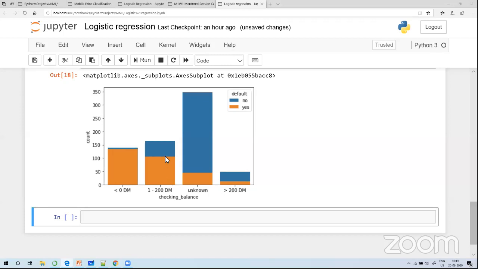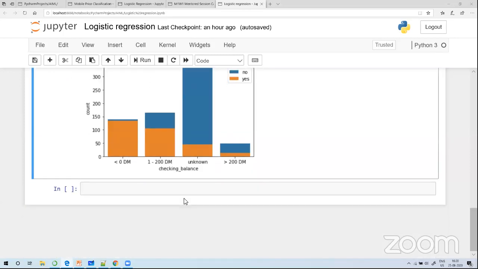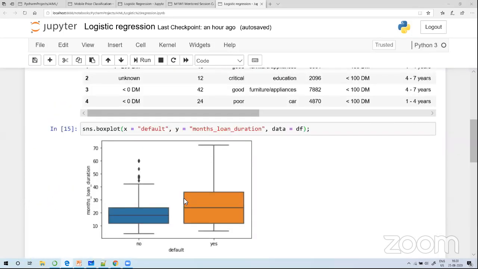And then in the next $1 to $200 per month, then unknown, then greater than $200 per month. So there is a difference in the ratios of proportions of people defaulting in each of these groups. So that means checking underscore balance has some impact on a person defaulting the loan or not, right? So this is how we do EDA to select the variables.